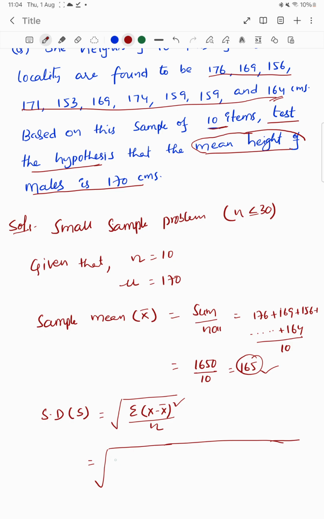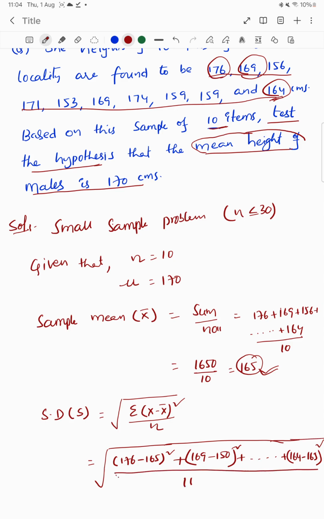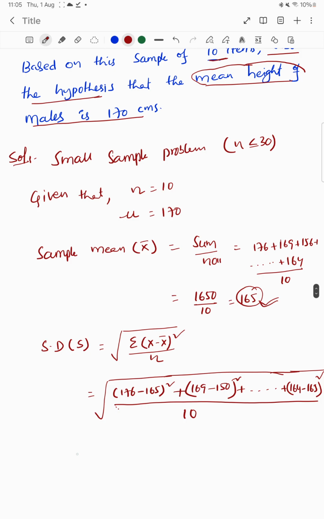For example, the first observation is 176, that means 176 minus x bar, which is 165, whole square, plus the second observation 169 minus the mean 165 whole square, plus so on, plus the last one 164 minus 165 whole square, whole divided by 10. So this is the way of calculating standard deviation.